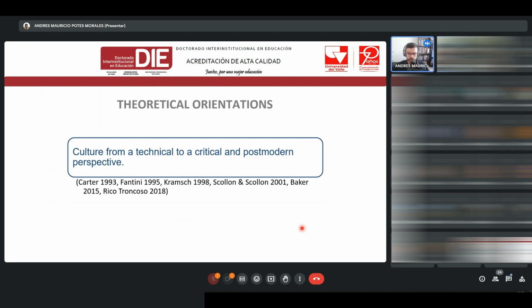Regarding culture, the concept has evolved from a technical standpoint to a critical and postmodern perspective over the last 3 decades. Scholars emphasize the relationship between culture, language, and worldview, emphasizing the need to develop intercultural identity and overcome cultural diversity issues in language classrooms.